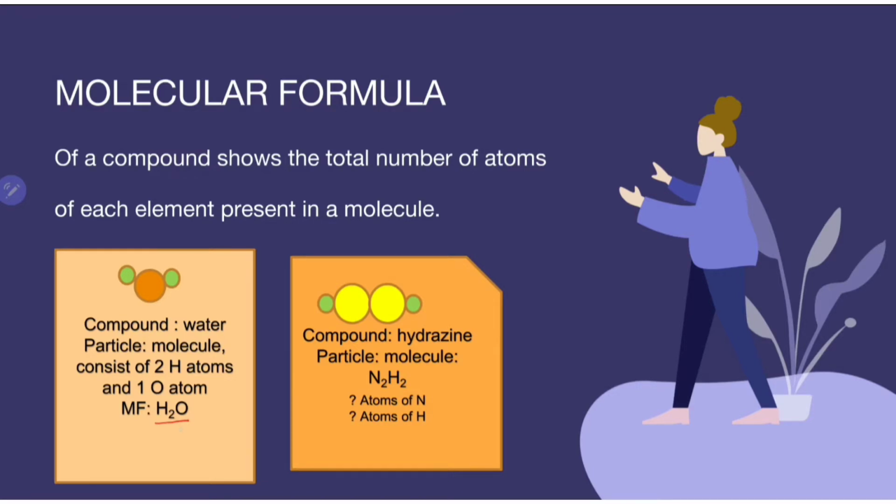It means that in one molecule of water, there are 2 hydrogen atoms and 1 oxygen atom. In hydrazine, the molecular formula is N2H2. Then this is the real number in one molecule of N2H2. The number of nitrogen atoms is 2, and the number of hydrogen atoms is 2.